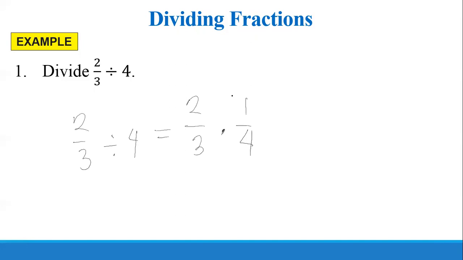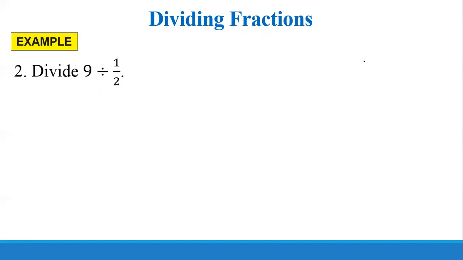Multiply numerators and multiply denominators. So, this is now equal to 2 over 12. And then, simplify to lowest terms by dividing numerator and denominator by the common factor, which is 2. So this is equal to 1/6. So the quotient now is 1/6.